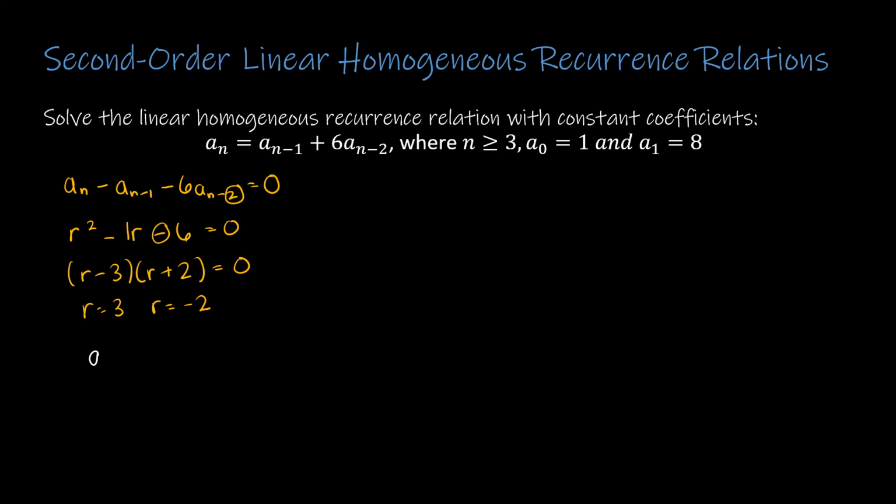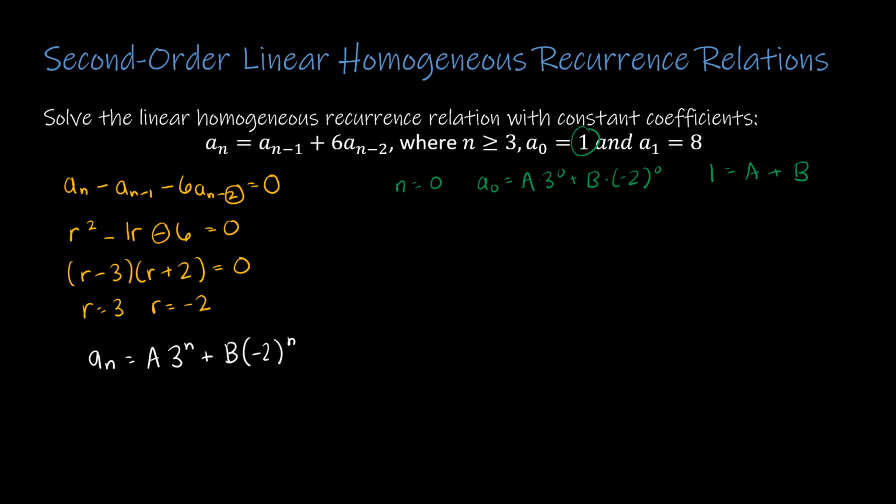That tells me I'm going to have a sub n is equal to a times 3 to the n plus b times -2 to the n. I'm then going to use my initial values. So I'm going to let n equal 0, and I'm going to say a sub 0 is equal to a times 3 to the 0 plus b times -2 to the 0, which gives me 1 is equal to 1a plus 1b.